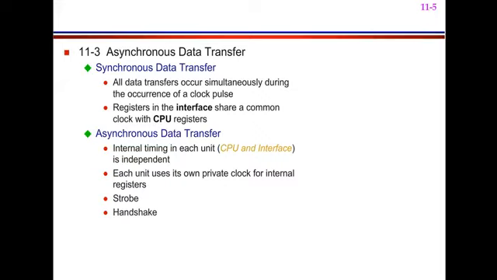So I'll be sending one block after another from the source to the destination, and your destination will receive them block by block. Your source will always transmit and your destination will always receive. So this is a synchronous data transfer.